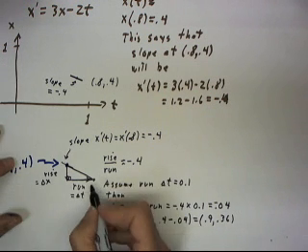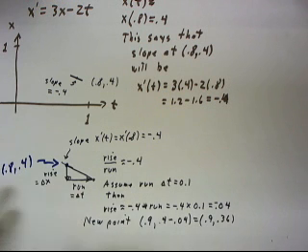So our new point will have approximate coordinates (0.9, 0.36). We'll see what the implications of that are in the next clip.